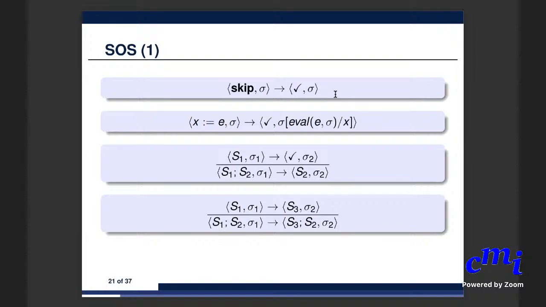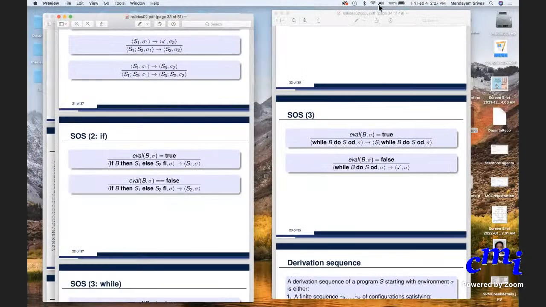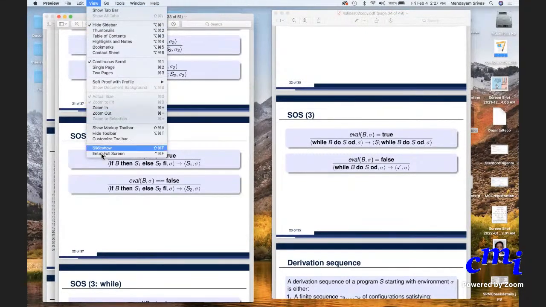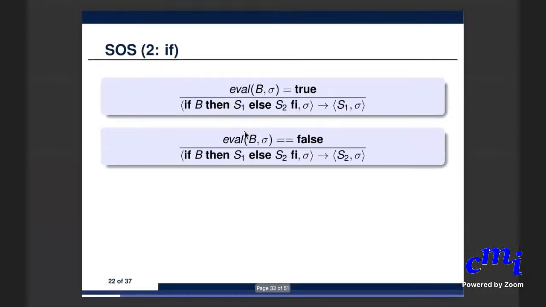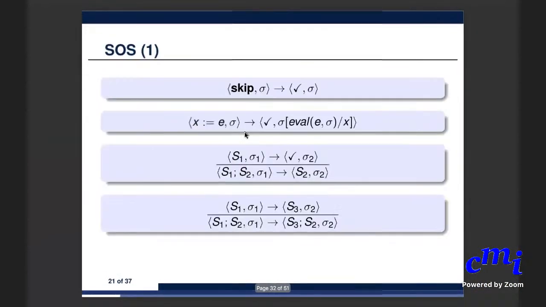So do we assume that if it's an empty numerator, then it's false, and if it's an empty denominator, then it's true? You don't need to make any assumptions.